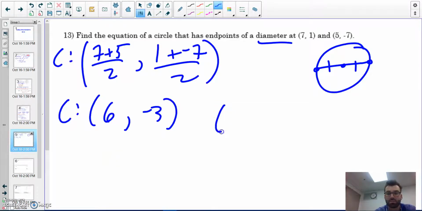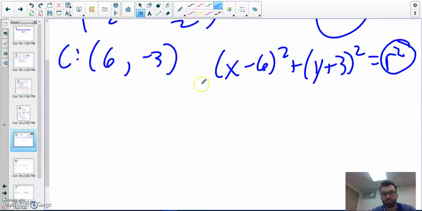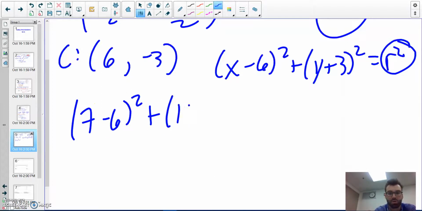So I have so far x minus 6 squared plus y plus 3 squared equals r squared. So I need to solve for r squared now. You can use either point. I'm just going to use 7, 1, just because it's first. 7 minus 6 squared plus 1 plus 3 squared equals r squared. 7 minus 6 is 1 squared plus 4 squared.